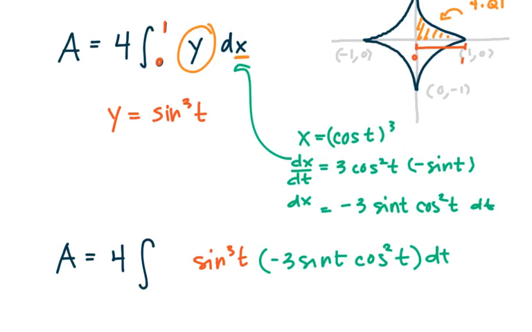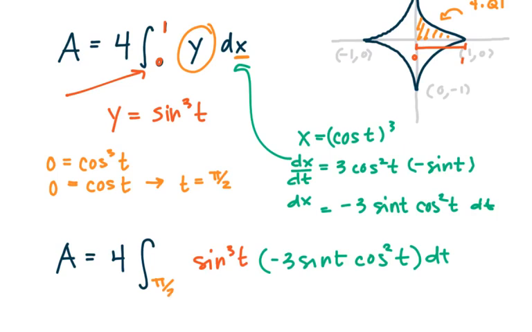So what would my bounds be? My bounds need to be in terms of t, and right now I have a 0 and 1 in terms of x, right? So if I say, well, let's let x equal 0, that would be 0 equals cosine cubed t, or 0 equals cosine of t. I could take the cube root of both sides, and that would let me know t equals pi over 2.